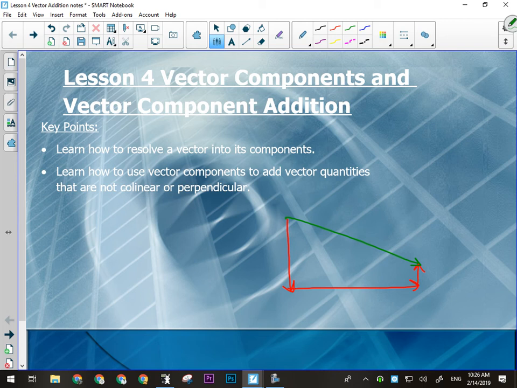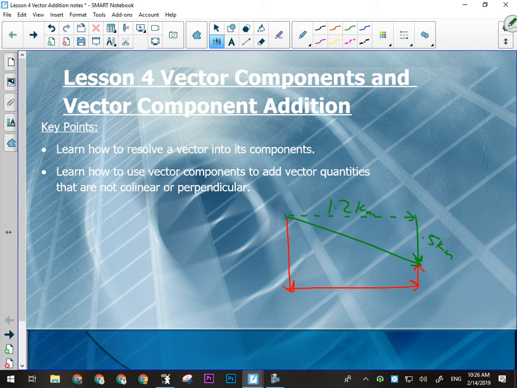In order to find that, we had to make a triangle for it. During this whole trip, the person ended up, I think this was 1.2 kilometers east of where they started, and also half a kilometer south of where they started.